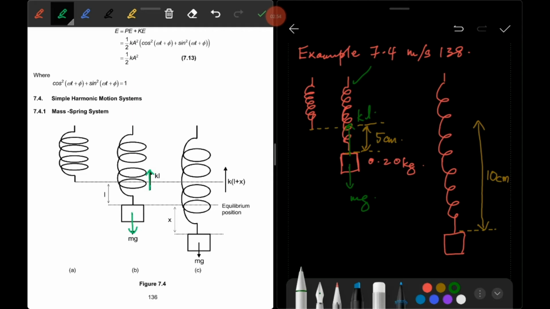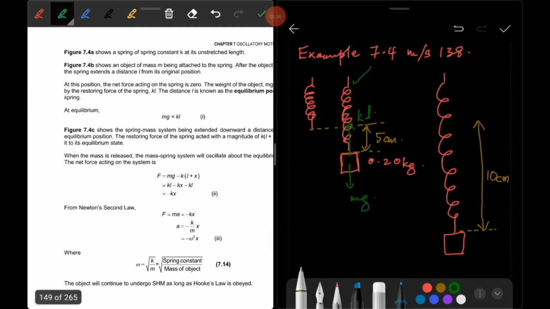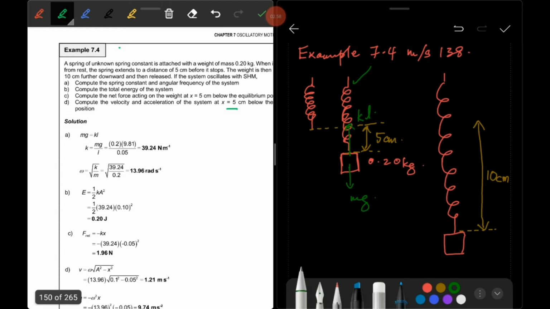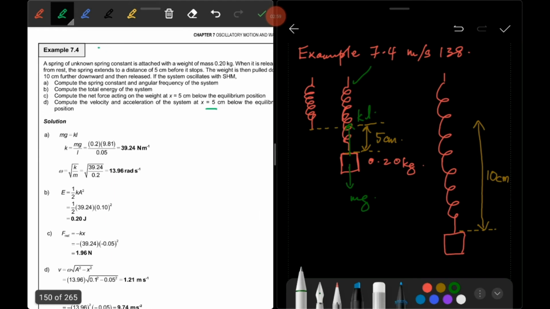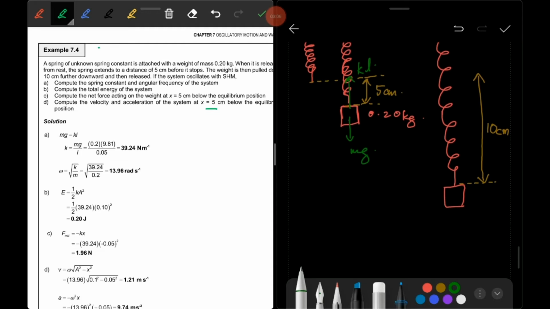Alright, back to the question: compute the spring constant and angular frequency of the system. If you want to calculate the spring constant, look at this part. If the system is in equilibrium, that means the net force is equal to 0.